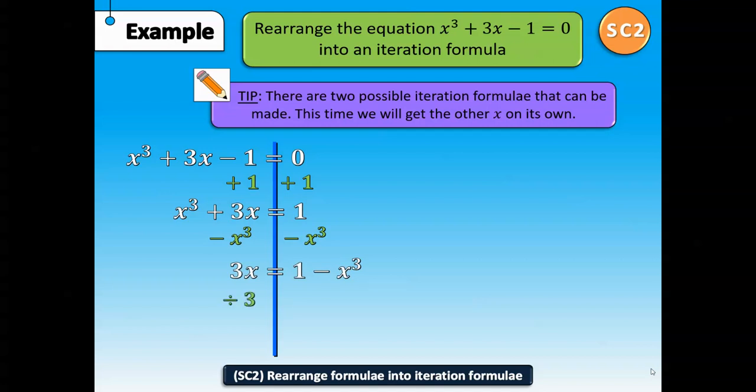And then I'm going to divide both sides by 3. So we've now got x on the left-hand side on its own, and on the right-hand side, we've got 1 minus x cubed over 3. So our final answer is x_{n+1} equals 1 minus x_n cubed over 3.